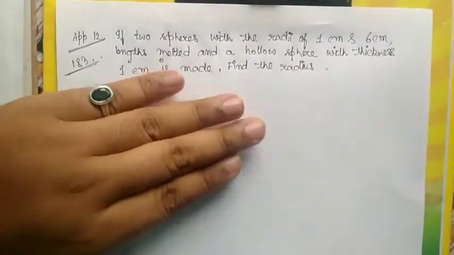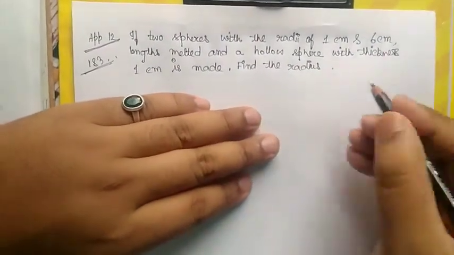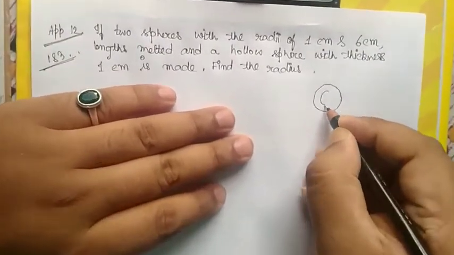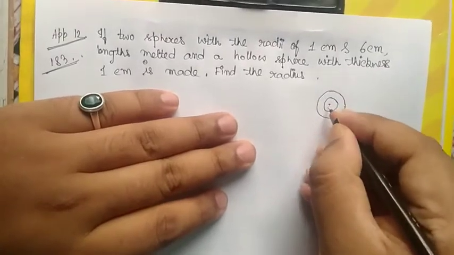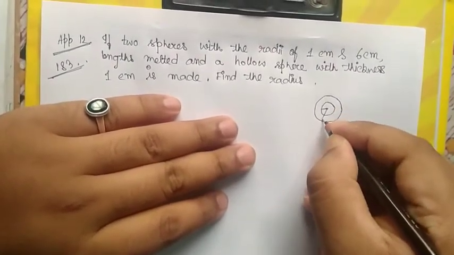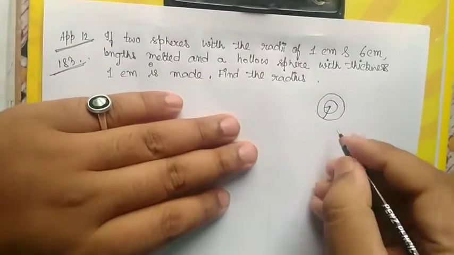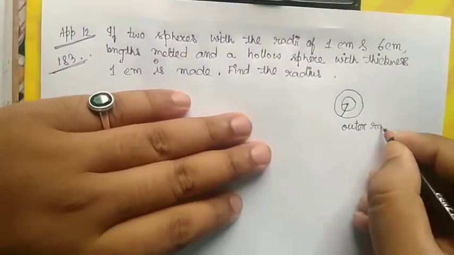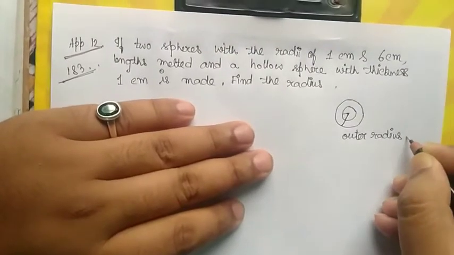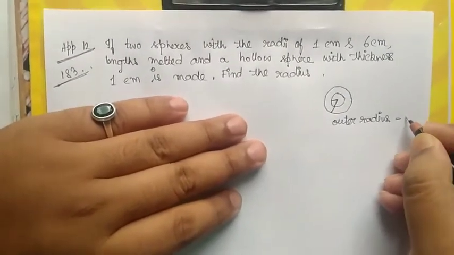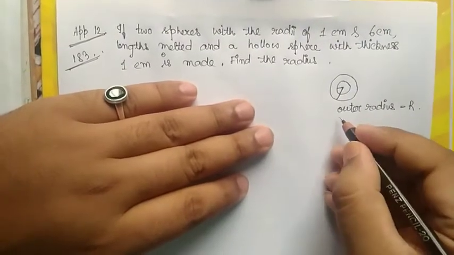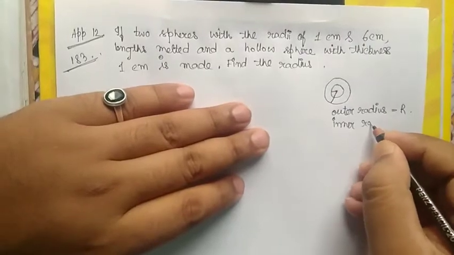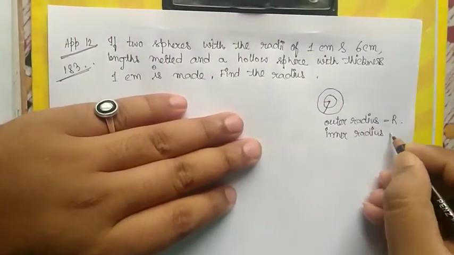So first of all, we have to know what a hollow sphere is and how we find its volume. This is the hollow sphere. This is the inner radius and this is the outer radius. So if the outer radius is R, then the inner radius will be smaller.